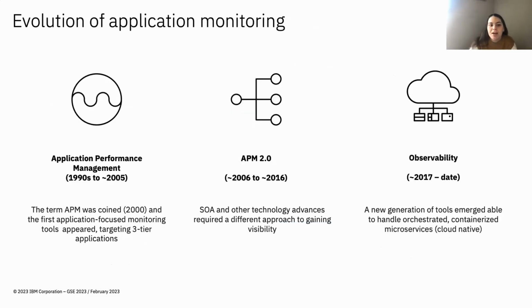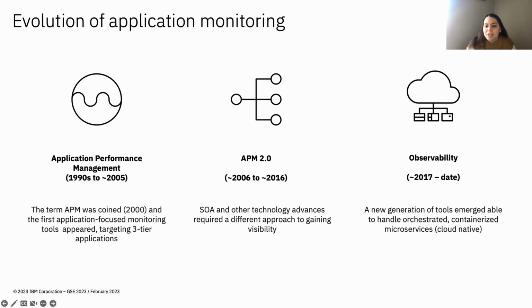So now we have the evolution of application monitoring. What we can see here is how it's changed over time. Application monitoring started in the 1990s to 2005, and it was all under one roof essentially.